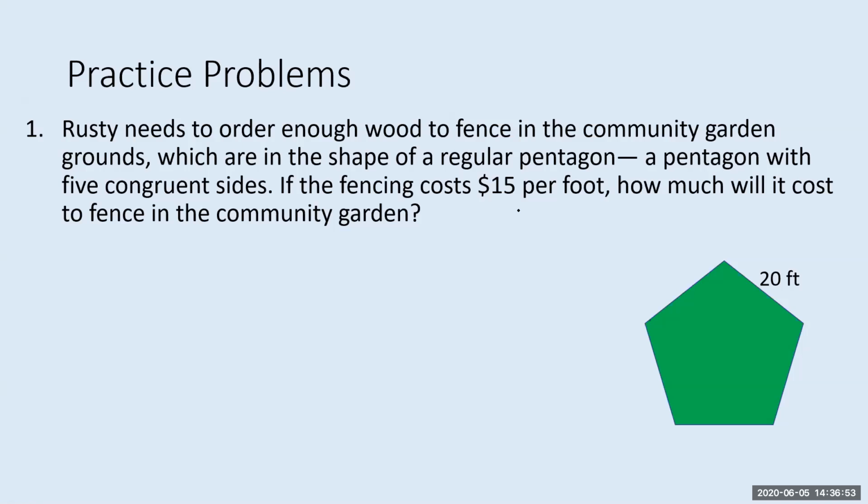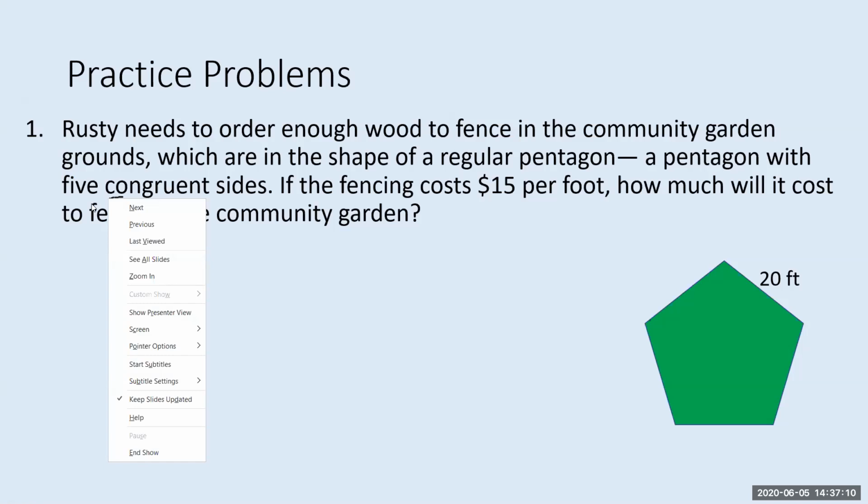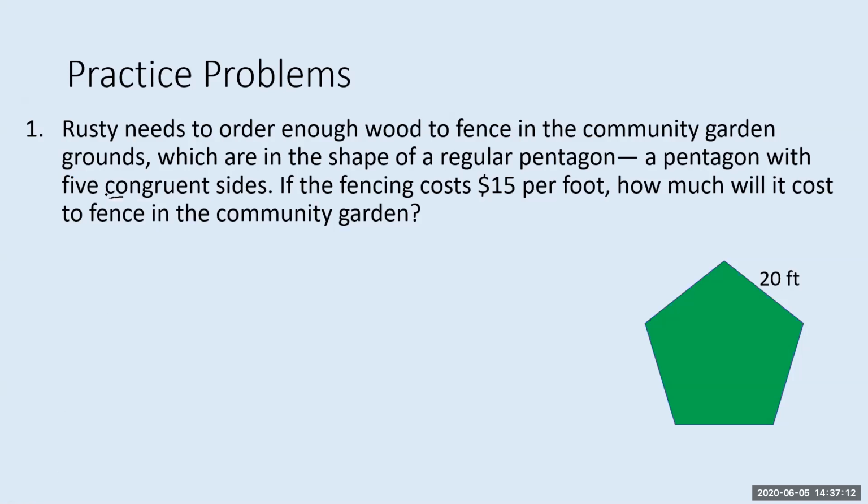Sorry, I just had to change location. Picture here of this garden. It's a 5-sided shape. It's a regular pentagon. So that means it's a 5-sided shape where every side is the same. Another word for that is congruent. So we have 5 congruent or equal sides. Fencing costs $15 per foot. How much will it cost to fence in the community garden?